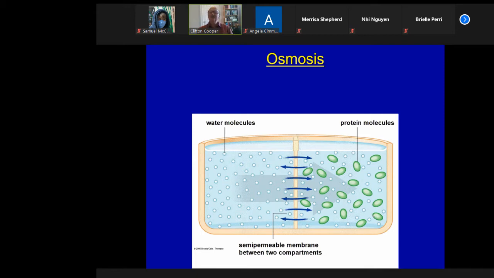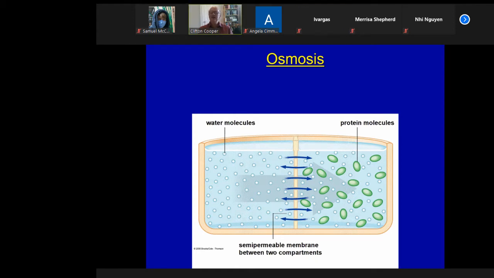Given that, and the fact that water can move freely through the membrane, which way does the water go? Left to right or right to left? Both. It does go both, but on a net basis, which way is it going? To the right? Yes. The water is diffusing from its high to its low concentration.